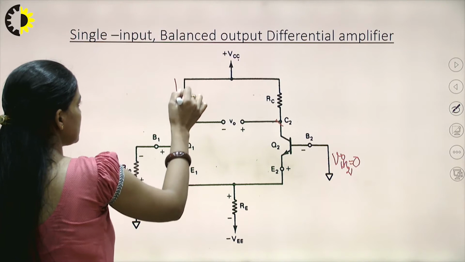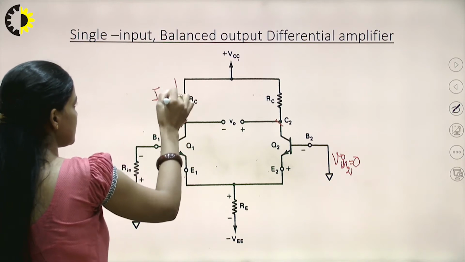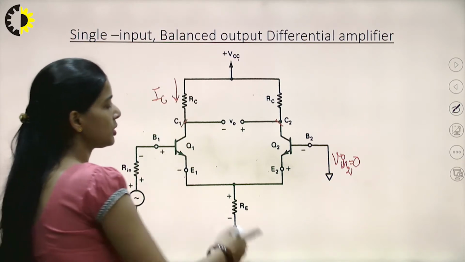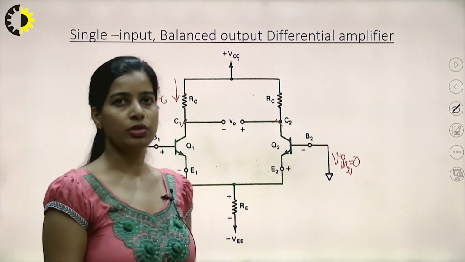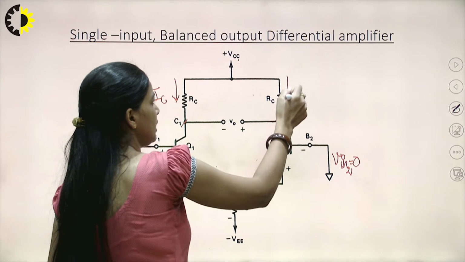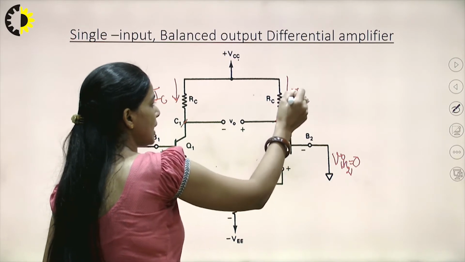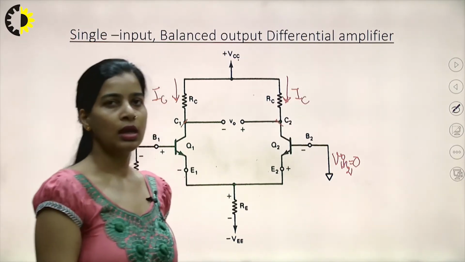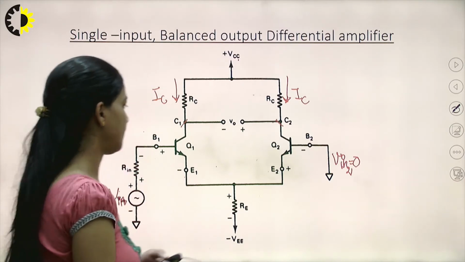Current flowing through this RC resistance, let us say it is IC. The second resistance is also the same, and the device is a matched device, so we will be having the same current IC flowing through the other collector resistance.